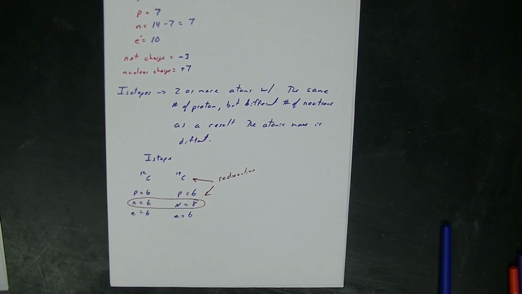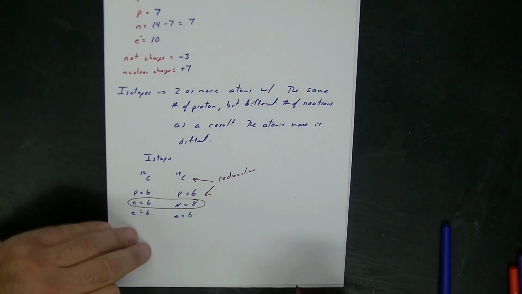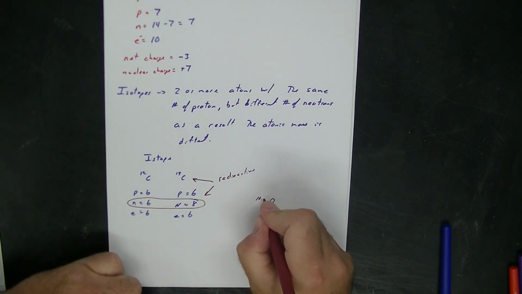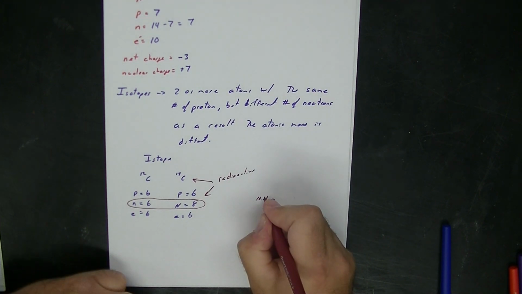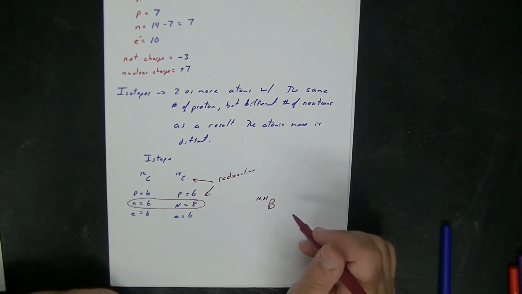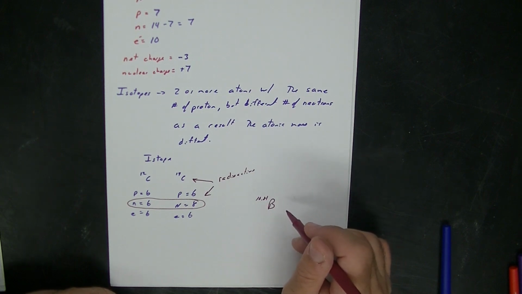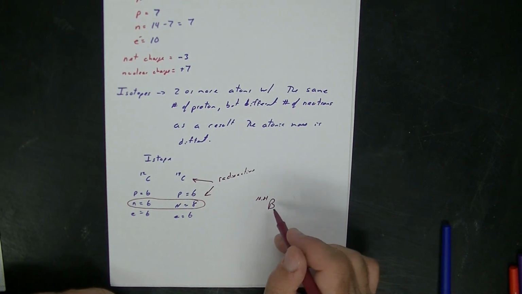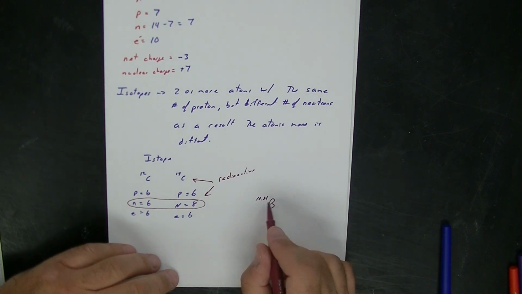If we look at boron, its mass is 10.81. So we can take a guess at what the isotopes of boron are.